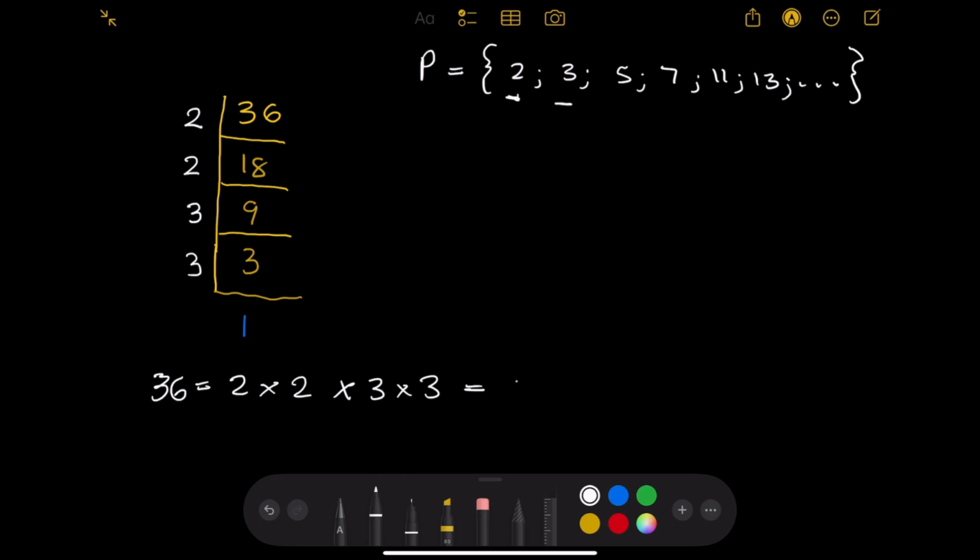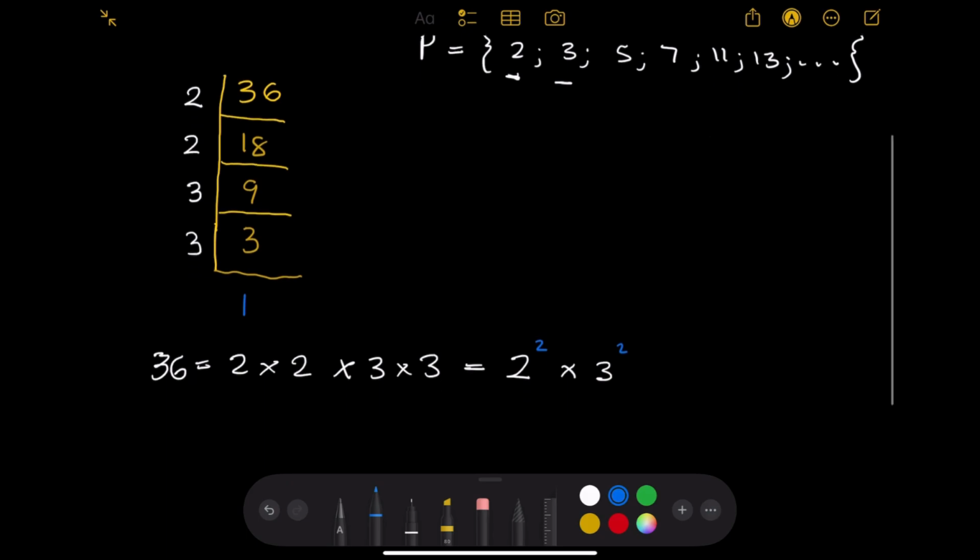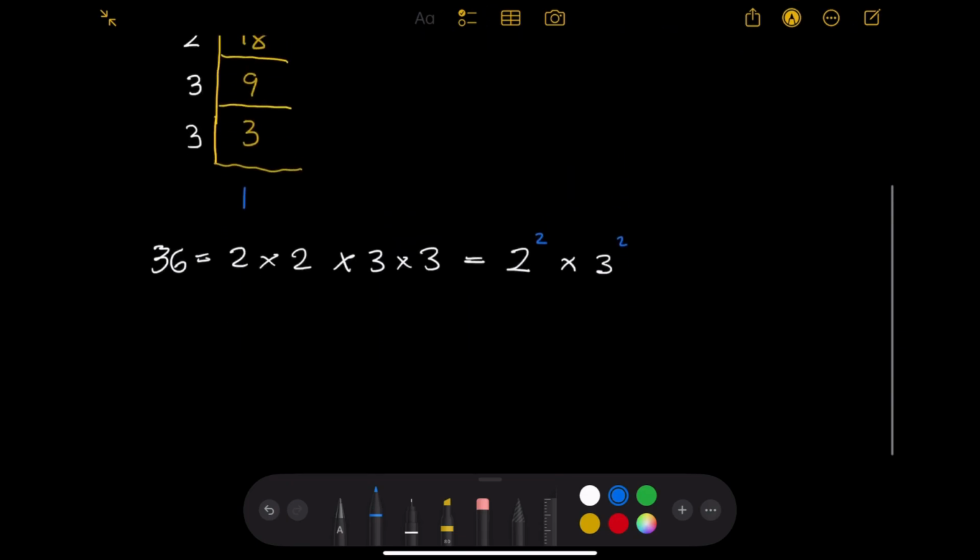Or we could express this as 2 squared multiplied by 3 squared. And we all know that 9 times 4 is 36. Yes, it's very simple, right?